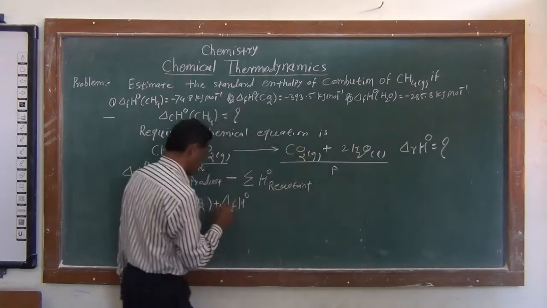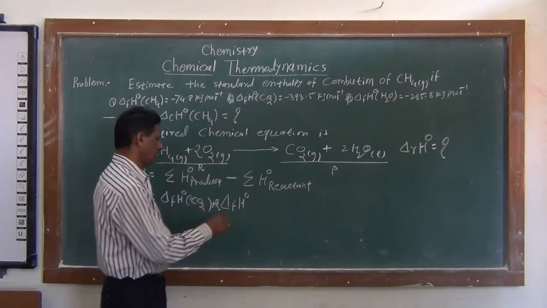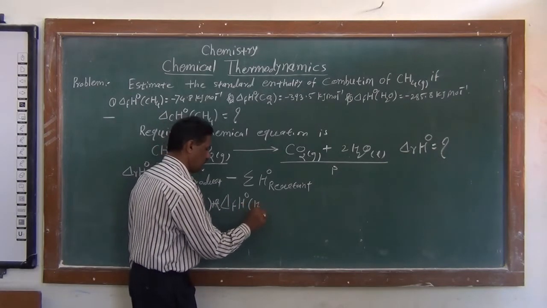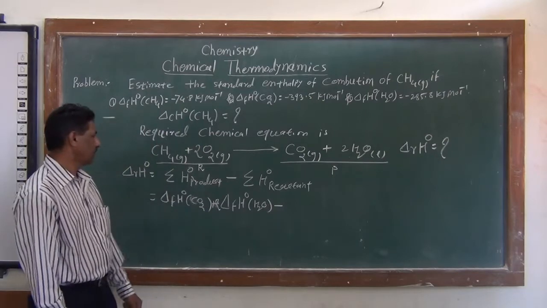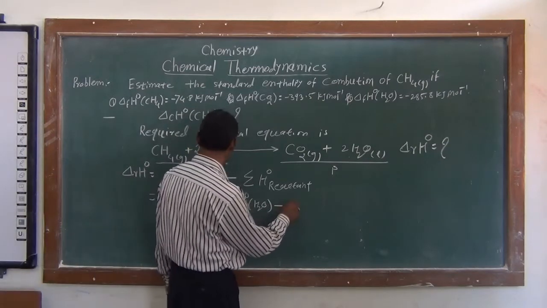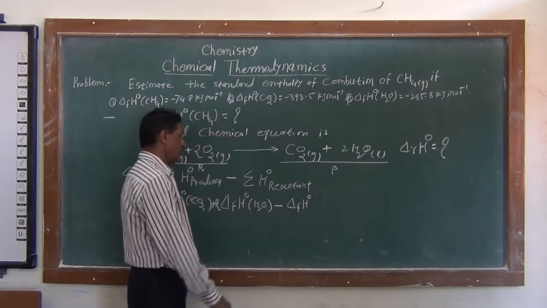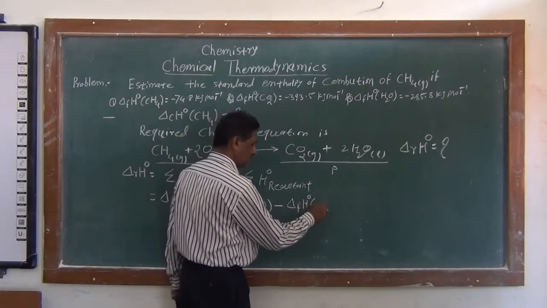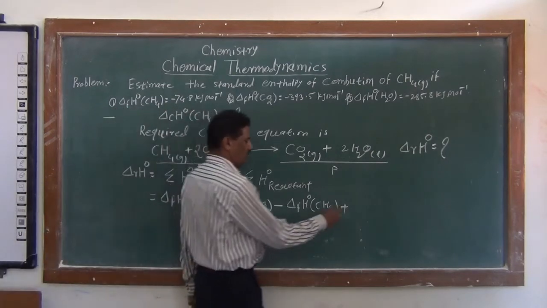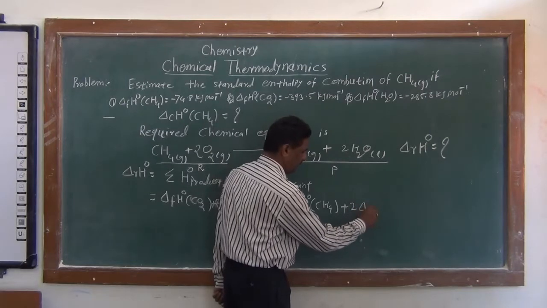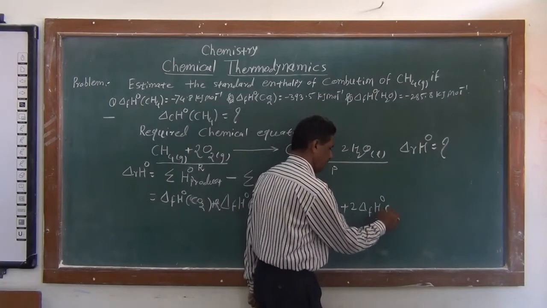Here there are two molecules, so now we write here 2 delta H0 of H2O, minus delta H0 formation of methane, CH4, plus twice delta H0, the standard enthalpy of oxygen, O2.